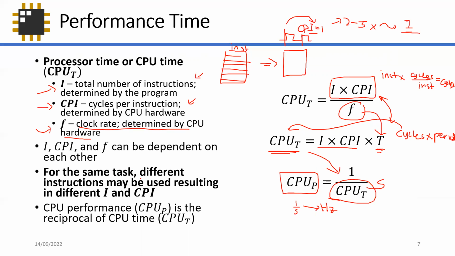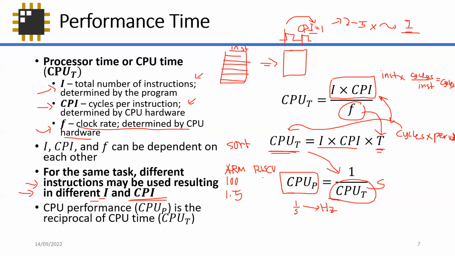All right. So the thing is, for the same task, different instructions can actually be used, resulting in a different number of instructions and a different number of cycles per instruction. Say, for example, between an ARM processor and a RISC-V processor, because they have different compilers, maybe for the same sorting program the ARM would do it in 100 instructions, but with a CPI of maybe 1.5.